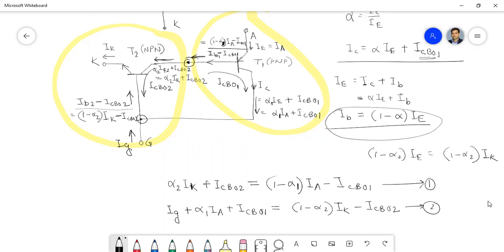First alpha 1 will start increasing, then alpha 2 will start increasing.